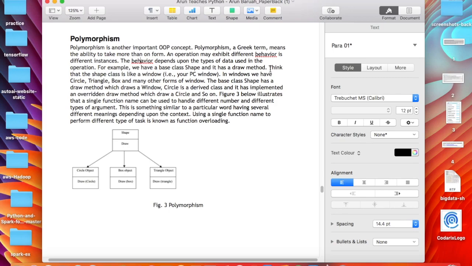So when this circle class calls it, it will call this function. If it wishes, it may override it. So in the circle object, you can override that method and write, say, draw method from circle. Similarly in box and triangle.